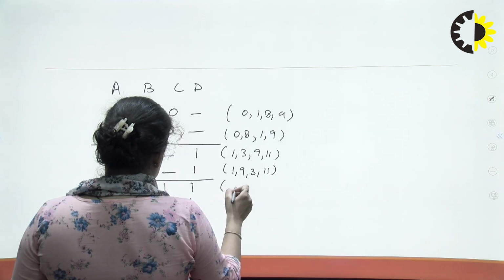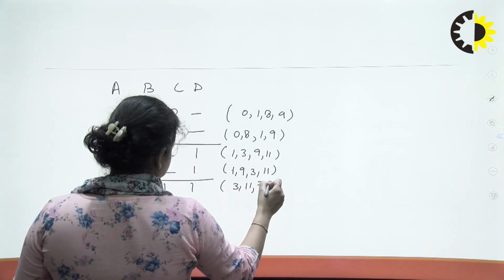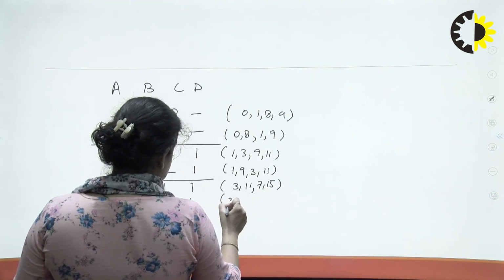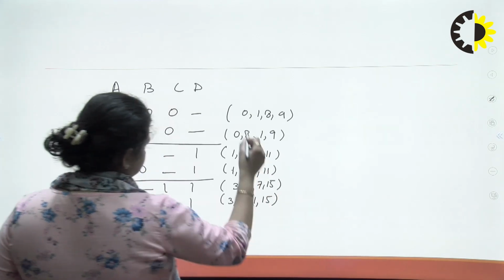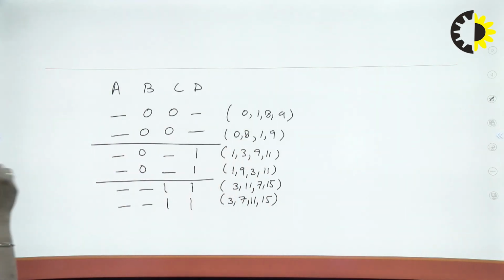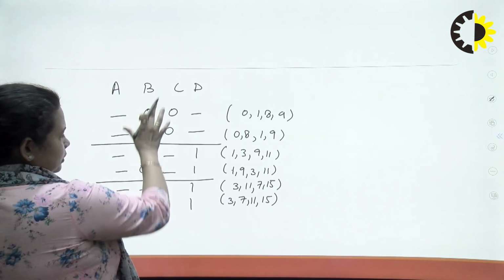Similar way, here the minterms are 3, 11, 7, 15. Here 3, 7, 11, 15, right? So here is a combination of basically these minterms. So you see how we can write the answer. So these are the final groups.